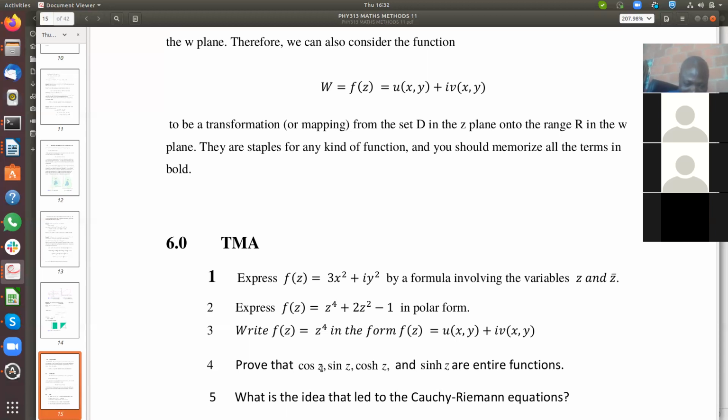This cos z is just like writing cos theta is equal to exponential i theta plus exponential minus i theta divided by 2. The same thing, sine also has its own. Cos also has its own. They are identities. You can search them on Google. If you put it on Google, you get those things. They are identity, standard functions.